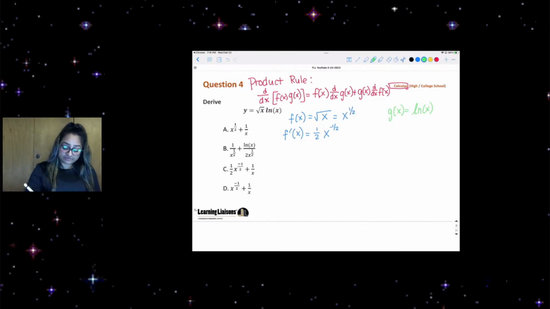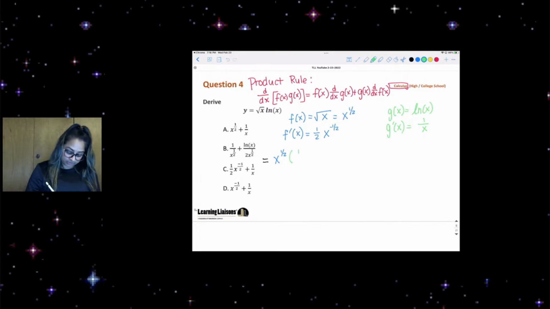Now I'm going to take the derivative of g of x. There is a lovely rule that tells us the derivative of ln of x is 1 over x. Okay, now I have what I need. I'm going to plug it back in and get an answer. Here we go. So this is going to be equal to f of x, which is x to the half power, multiplied by the derivative of g of x.